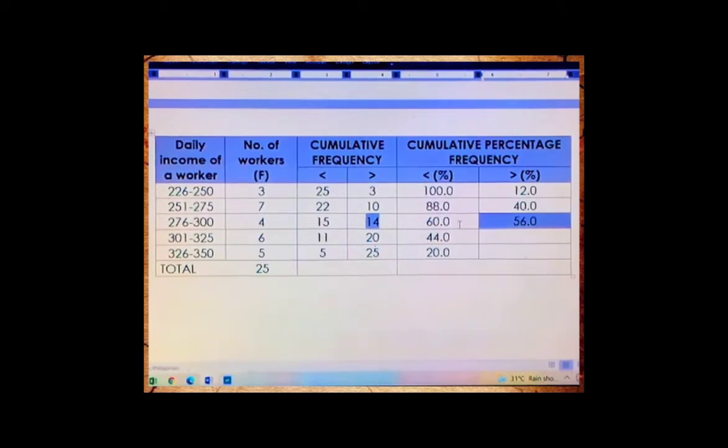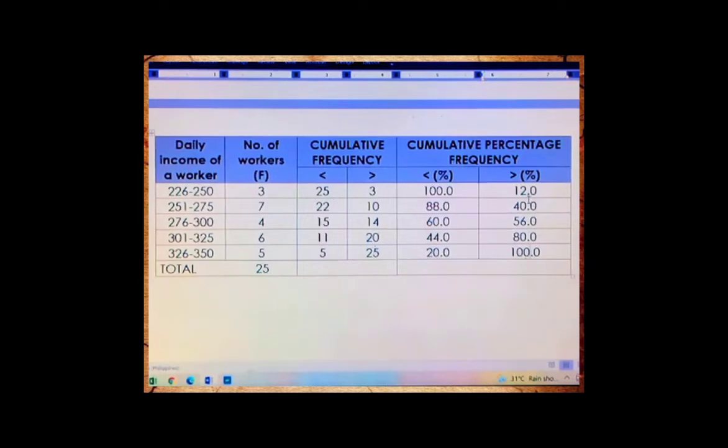And 20 divided by 25 times 100% is equal to 80%. And 25 divided by 25 times 100% is equal to 100%. And that would be the totals by computing with the formula.